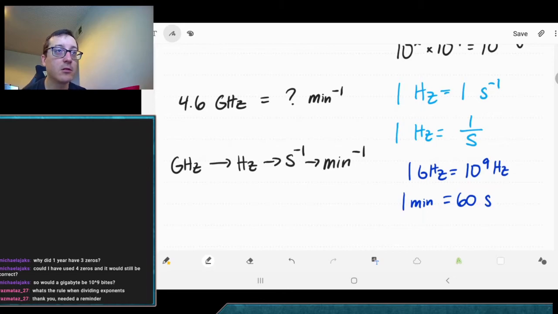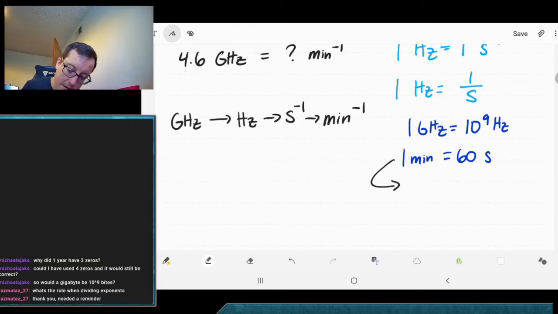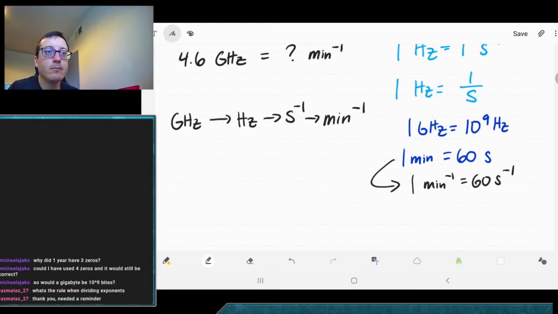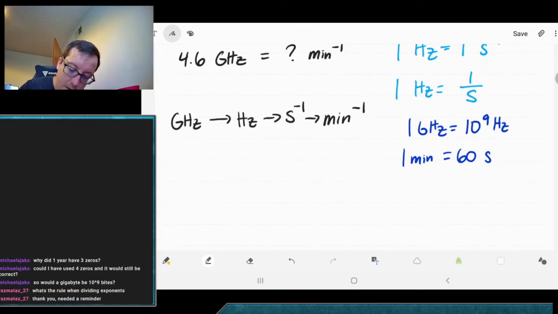What's good to know here is that if this minute to seconds thing is true, we can just say, I'm going to put a 1 over both of those. Well, technically it's 1/60th, but we'll get there. Let's leave it as it is for right now, and see if we can use it this way.